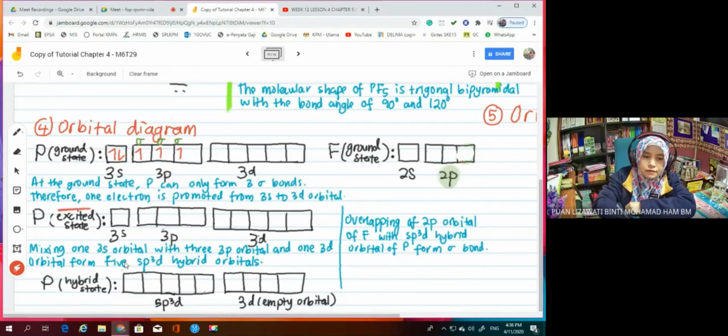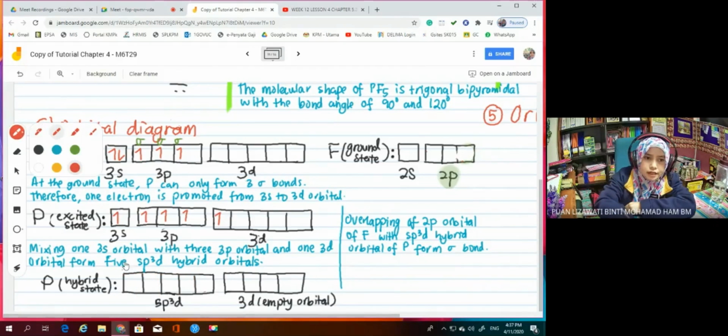Next it will form the excited state, and in the excited state there are 5 single unpaired electrons. However, these electrons are unstable, so we have to mix 1 3s orbital with 3 3p orbitals and 1 3d orbital in order to form sp3d orbitals that consist of 5 hybrid orbitals.